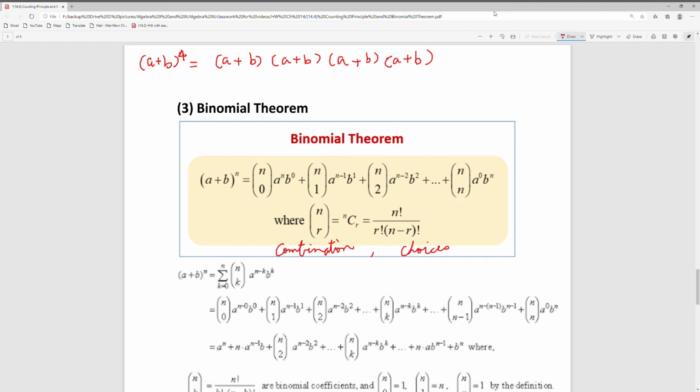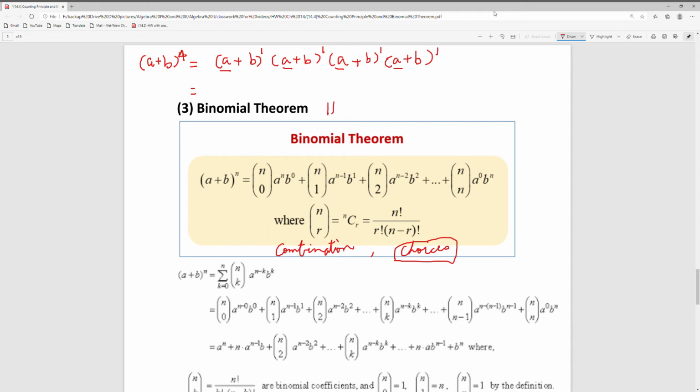Okay. So if we directly want to use the concept without multiplying and keep going, then we think about it this way. If you have fourth degree here, it means you have 4 binomials to multiply: 1, 2, 3, 4. So we are talking about the choice.